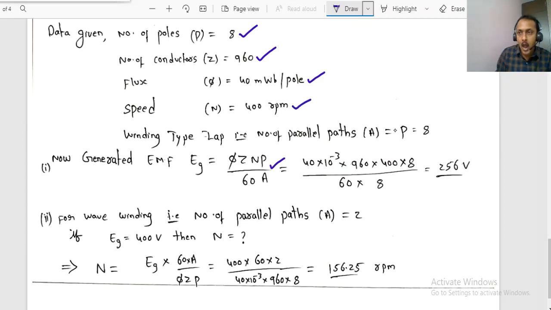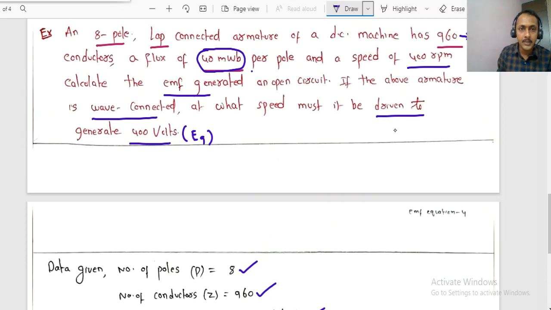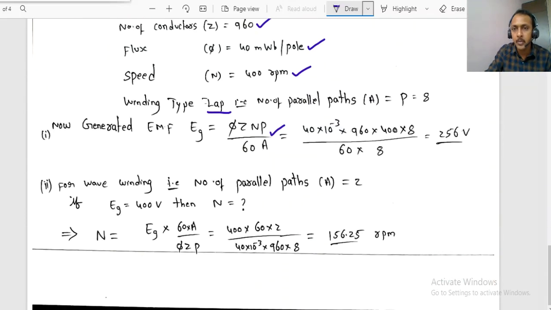And the key point to decide the number of parallel paths is the winding type. He has specified lap winding in the problem. From the basics we have learned, if the winding is lap winding, the number of parallel paths is A equal to P, the number of poles. So obviously the value of A is equal to 8.